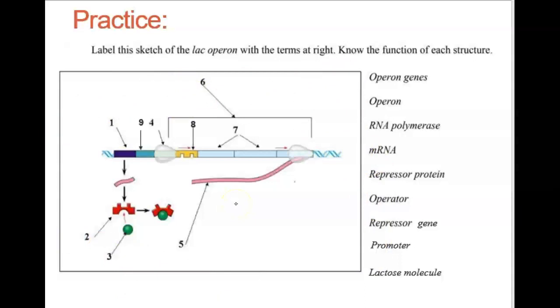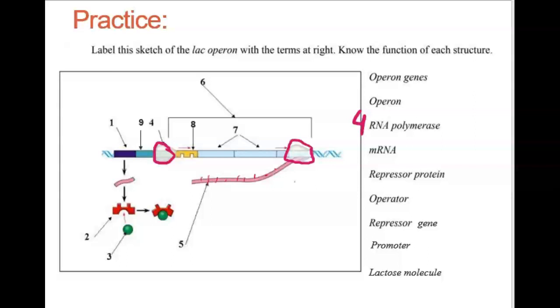Okay, so let's get labeling. The first thing you probably were able to pick out of the whole strand might be this player here. So this player that's going to slide along, here he is again, and the clue that you have for what this player is the fact that this is coming out the back, okay? So this player, number 4, would be RNA polymerase.